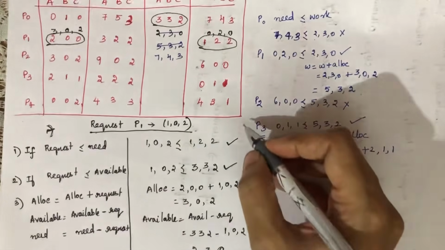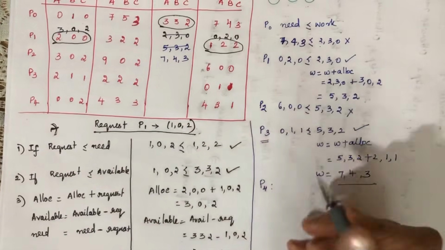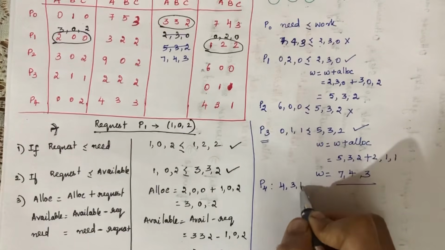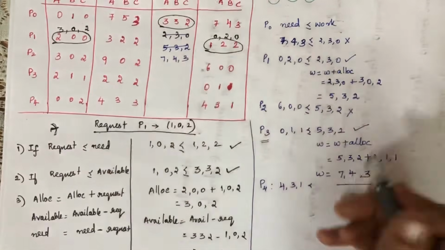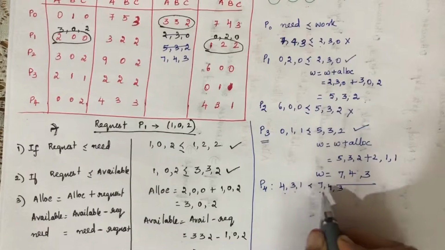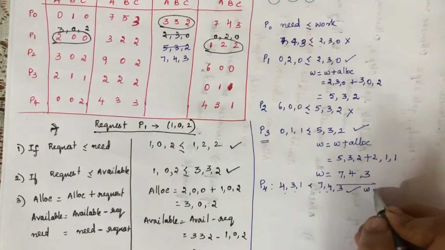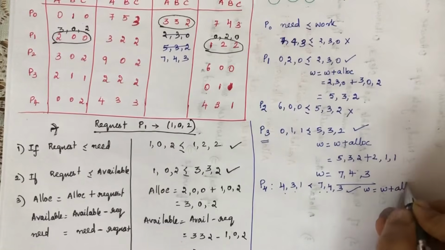For the process P4, the need value is 431. 431 is lesser than 743. So 4 is lesser than 7, 3 is lesser than 4, and 1 is lesser than 3. So it can be done. The work value will be work plus allocation.